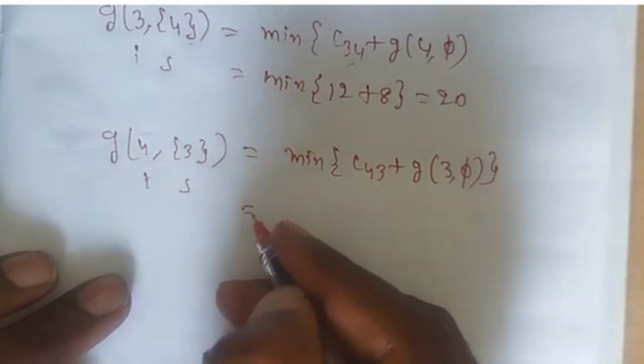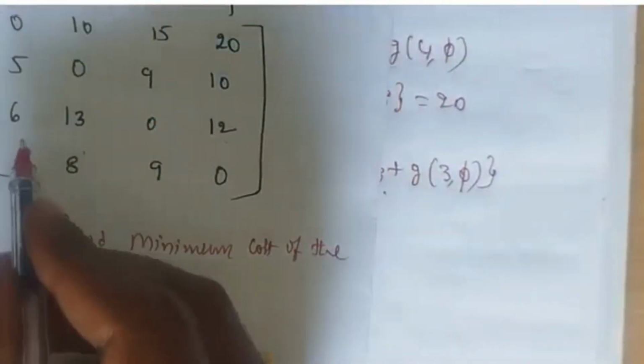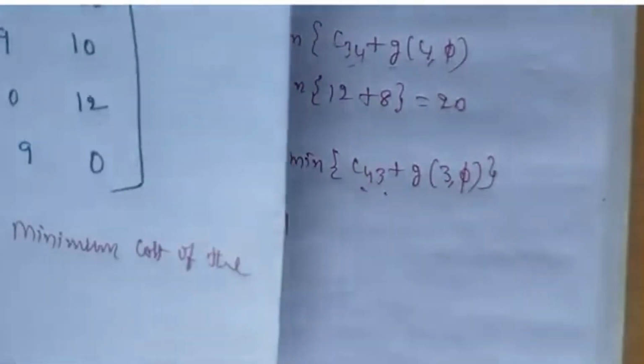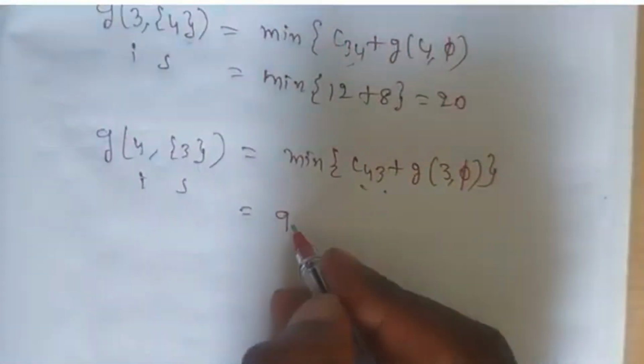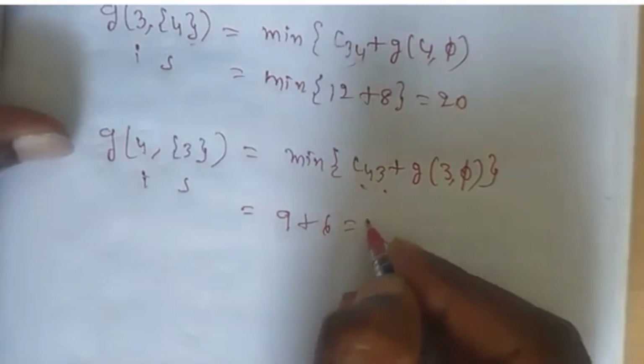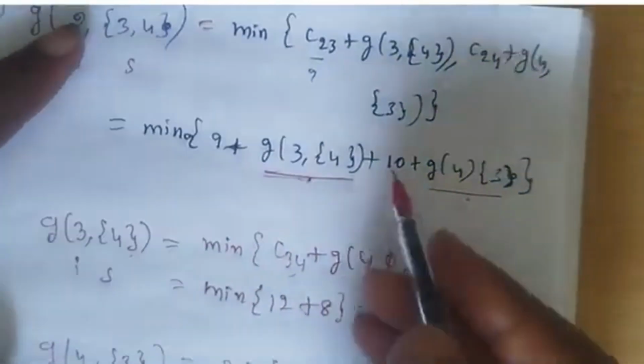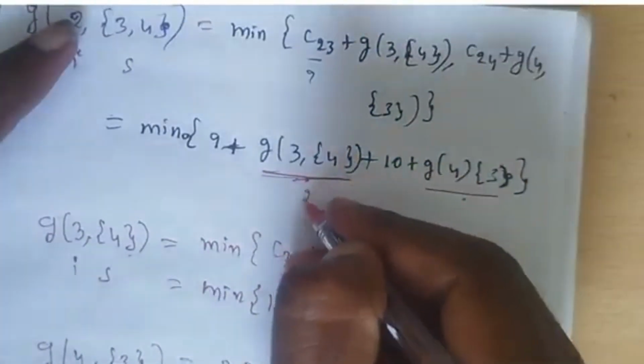G of 3 comma 5, that equals G 4 3. Now 4 3 equals 9, plus G 3 5, that equals 6, that equals 15. So what is this value? This entire value becomes 20. This value becomes 15.